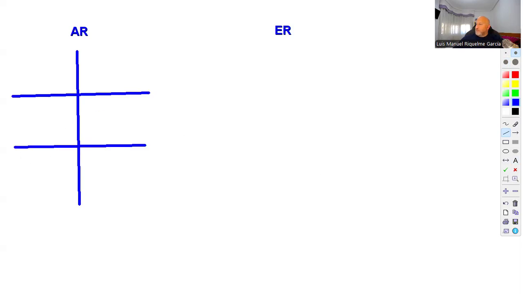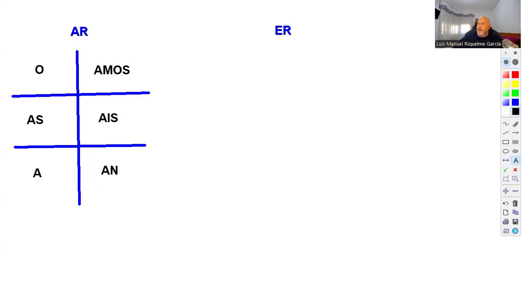For AR verbs, we are going to use o, as, a, amos, áis, and an.